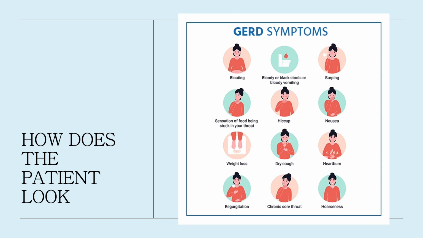Sore throat and hoarseness can be caused by inflammation of the vocal cords from the acid. So this is just going a little step deeper, because when you understand what is actually happening in GERD, you're then able to understand why a patient is having certain symptoms, right?